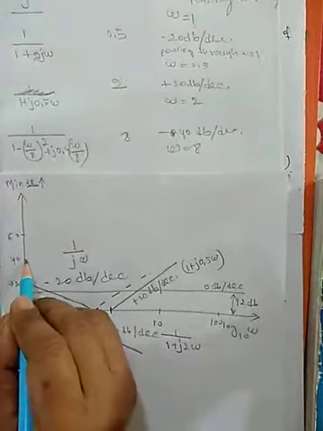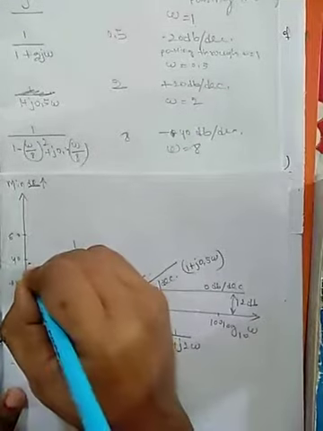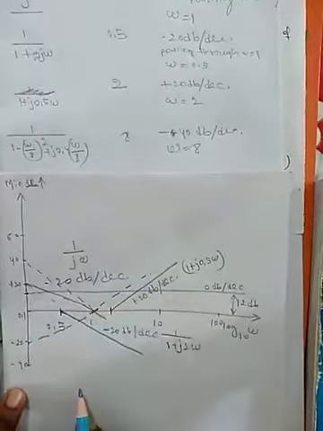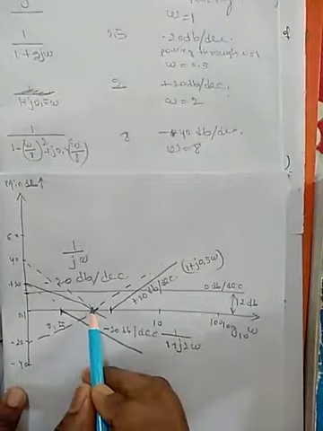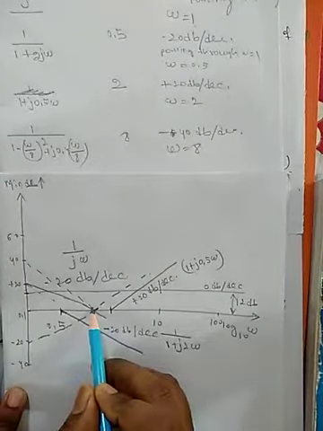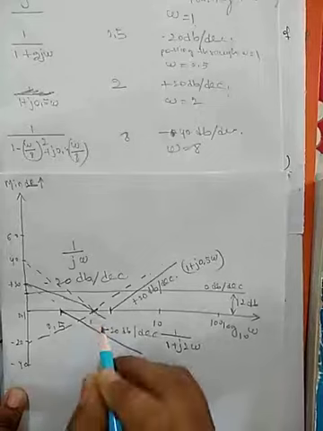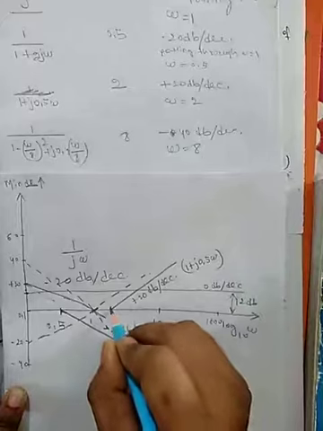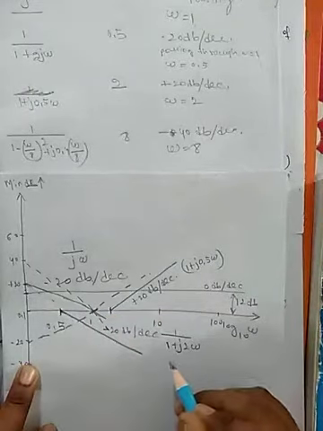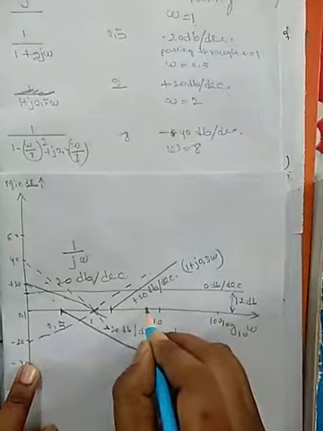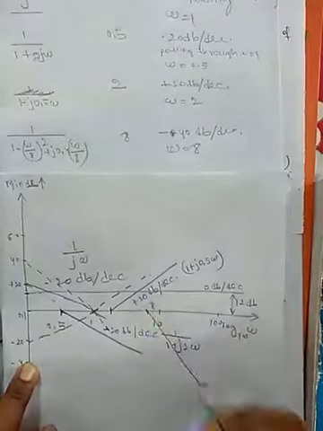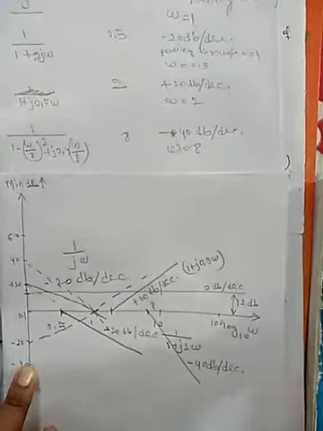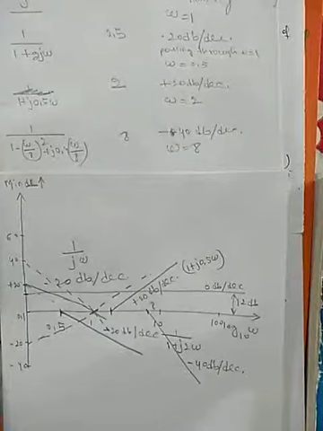From this plus 40, you draw a straight line up to omega equal to 1, which represents minus 40 dB per decade, and by making it parallel to this line, you draw from omega equal to 8. It shows minus 40 dB per decade for the complex conjugate pole.